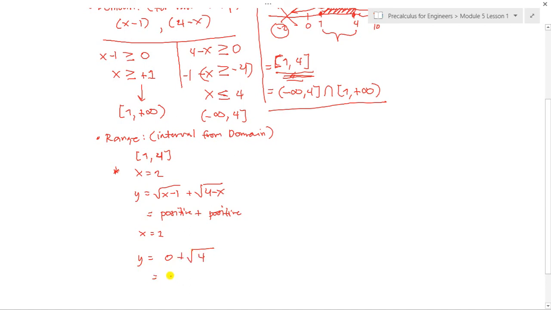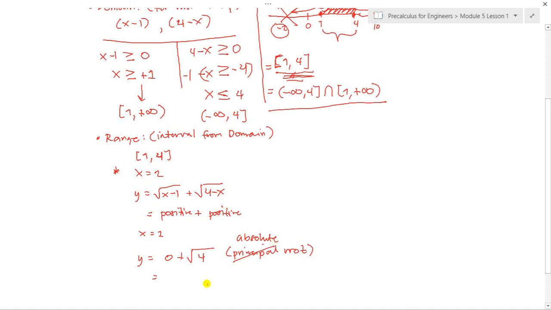So what is square root of 4? That is actually positive or negative 2, but let's just consider this one as the principal root. So principal root lang tayo. Or if you want to know the absolute, so let's say absolute na lang tayo.